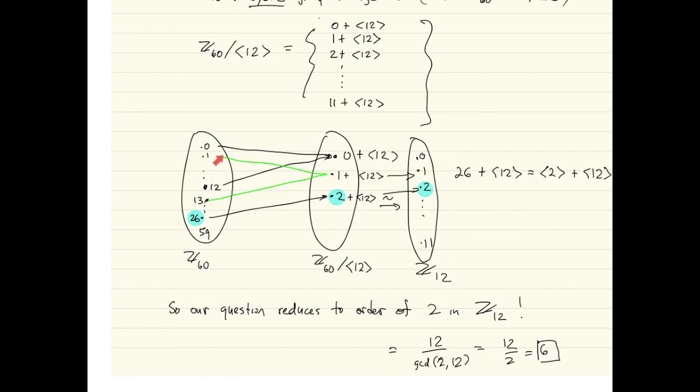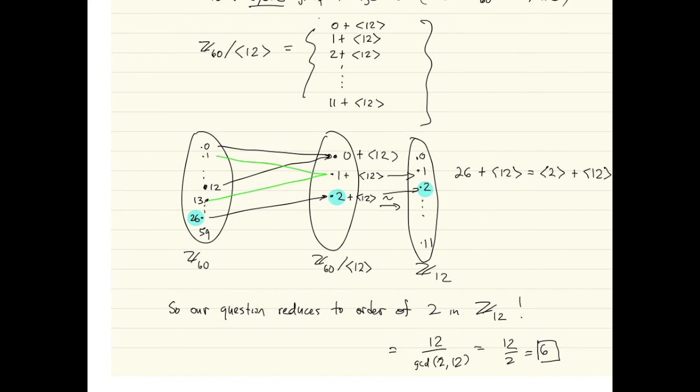That's what I was trying to explain in the green lines here. 1 goes to the coset 1 plus bracket 12, but 13 also goes to the coset 1 plus bracket 12. And so the question reduces to finding the order of 2 in Z12, because 26 goes to this coset, which goes to 2.